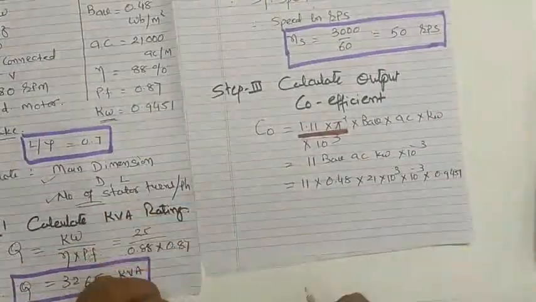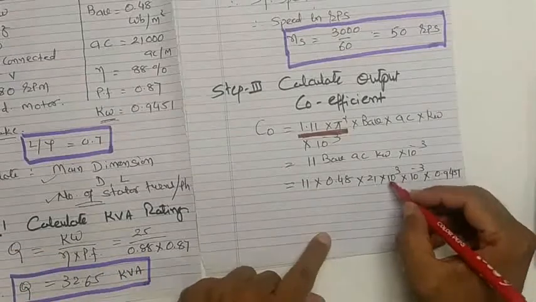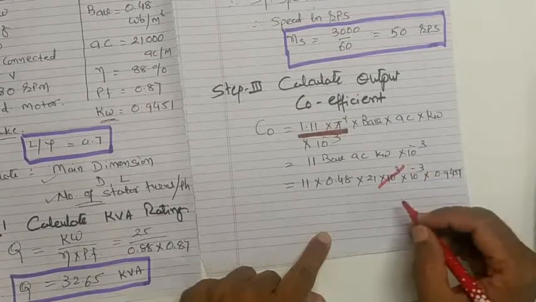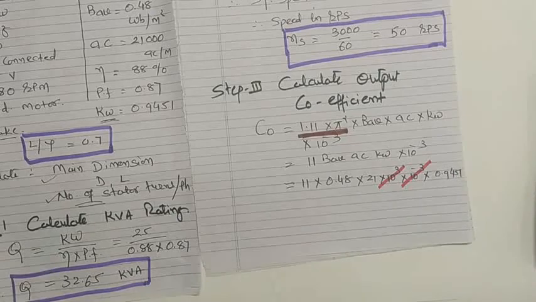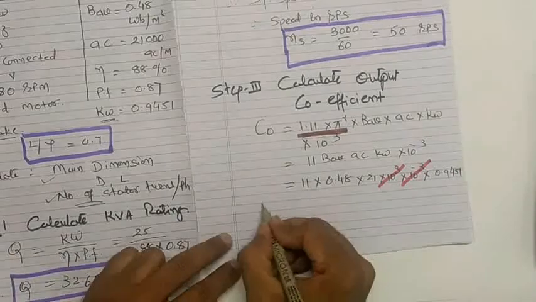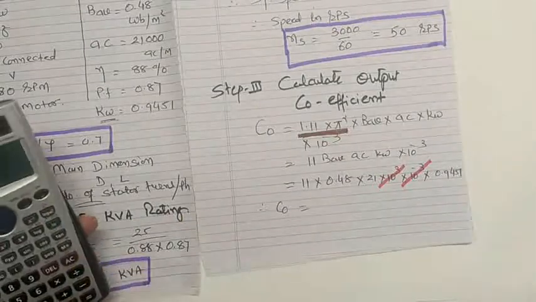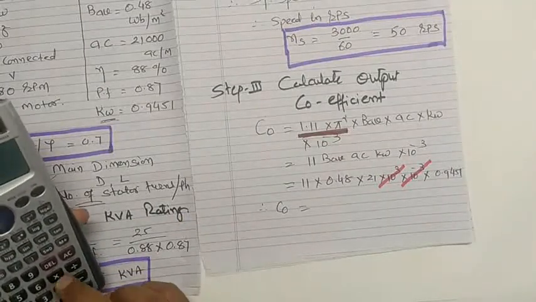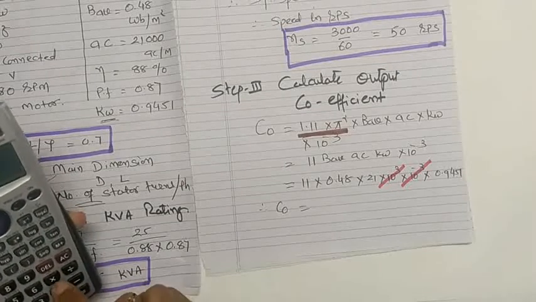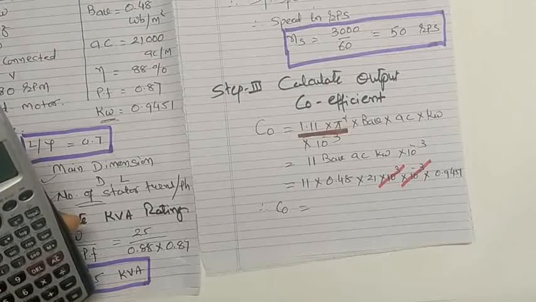Now it is very simple to calculate our CO. We can cancel out 10 raised to 3 and 10 raised to minus 3, and therefore CO comes to, let us calculate, 11 multiplied by 0.48 multiplied by 21 multiplied by 0.9451.